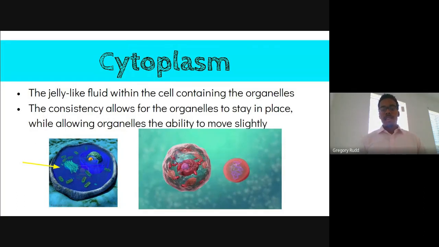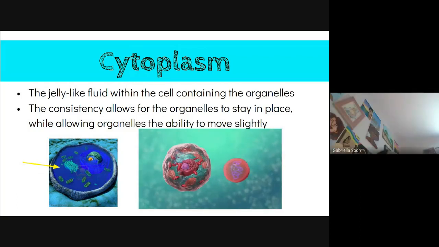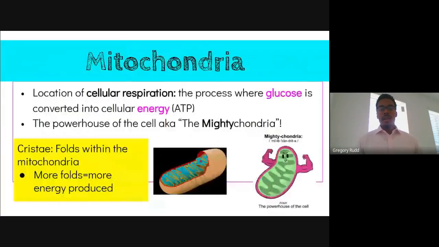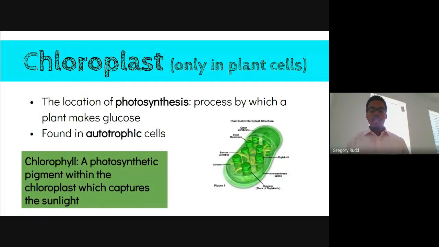And it's basically like the cellular medium. So what everything else is moving around in is the cytoplasm. It's a jelly-like fluid. It's not exactly water. It's actually a little bit thicker than water, but it allows everything to move throughout the cell. The chloroplast is a specific organelle that is responsible for photosynthesis.